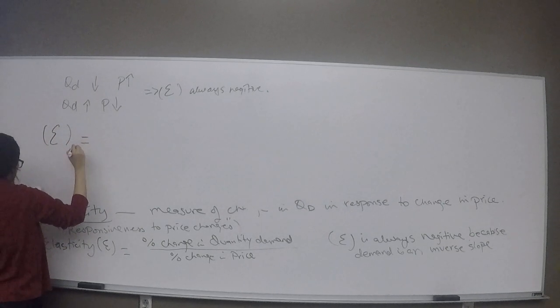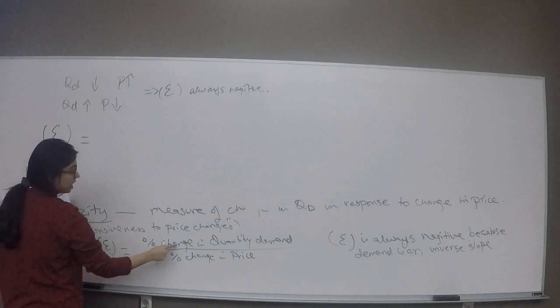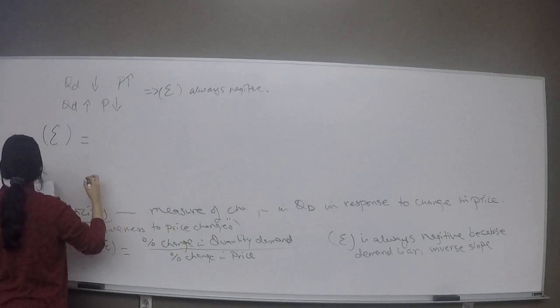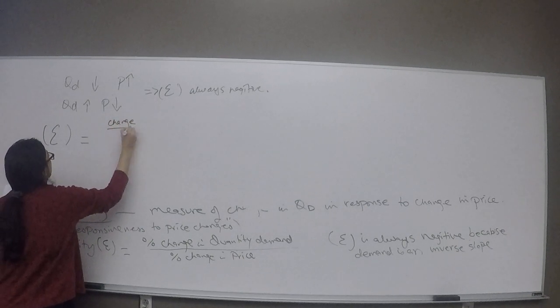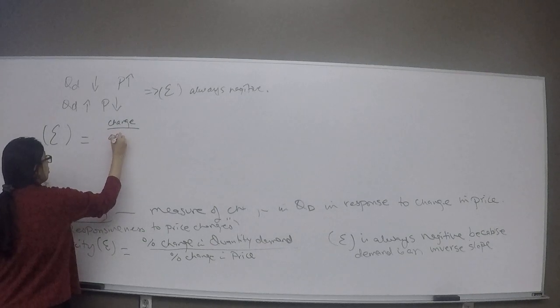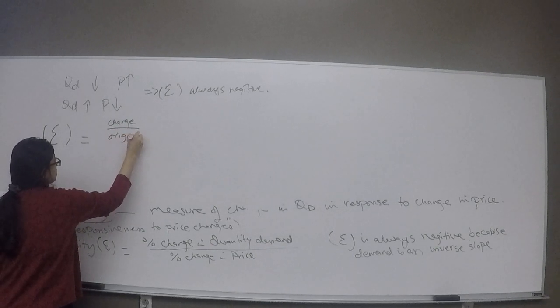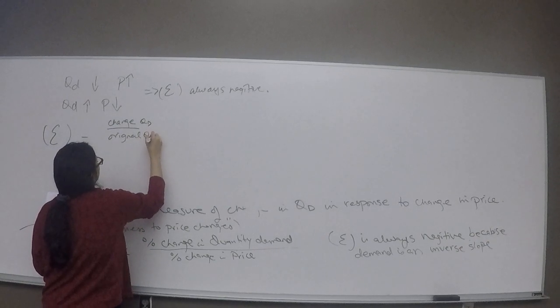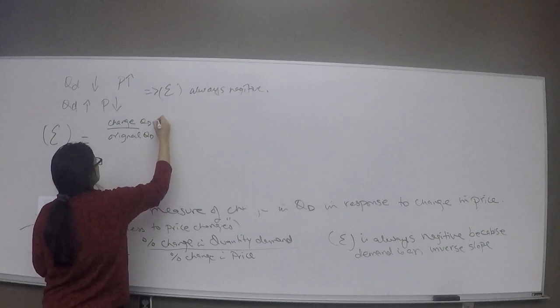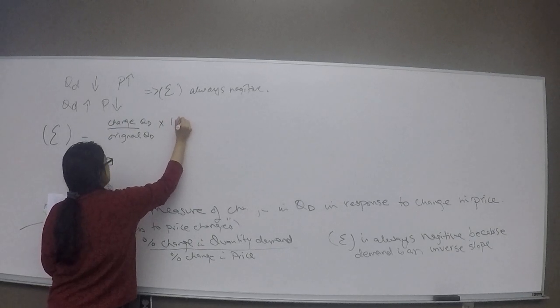So elasticity is percent change in quantity demand, right? So that's change divided by original. So change in quantity demand divided by original quantity demand times 100.